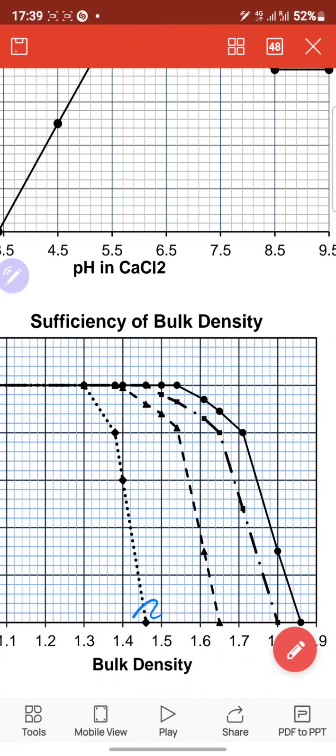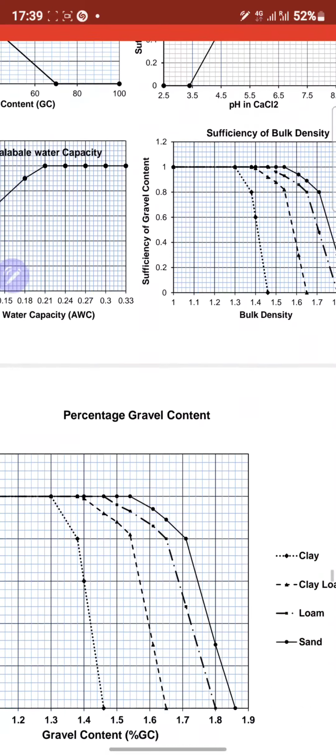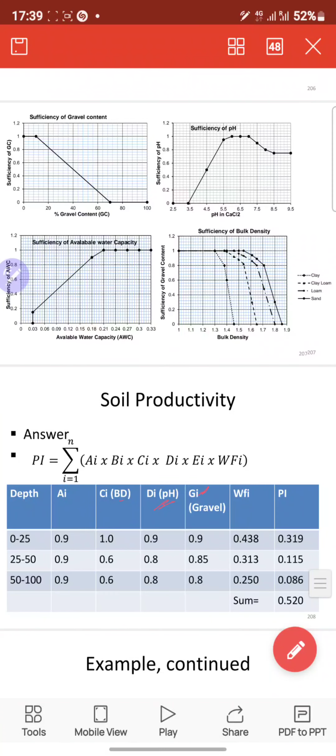The value is 0.6. So then you put that one in the table. 0.6. So now we have all the values.